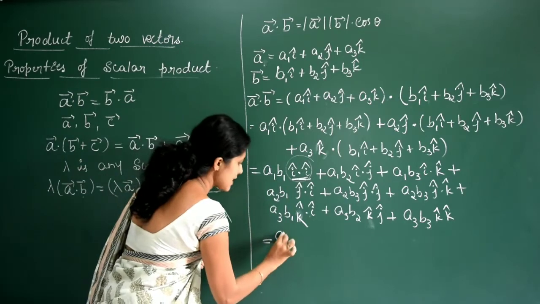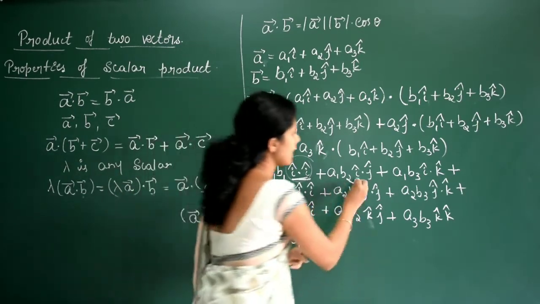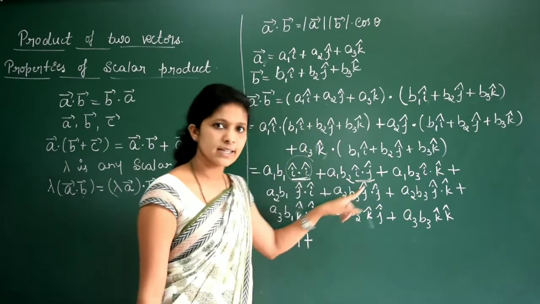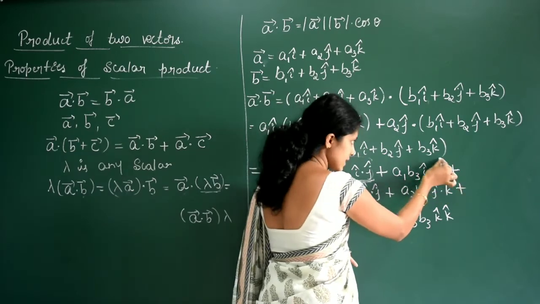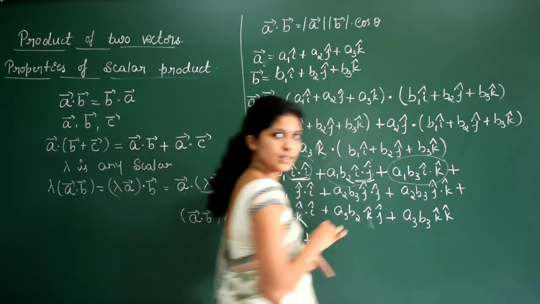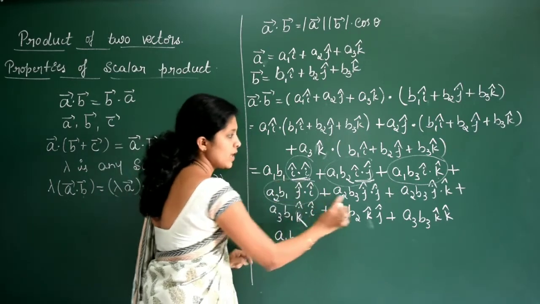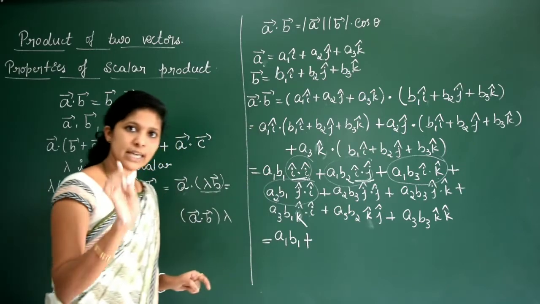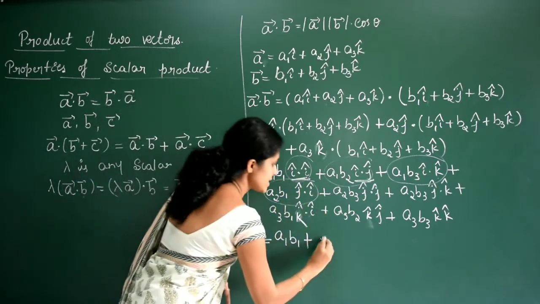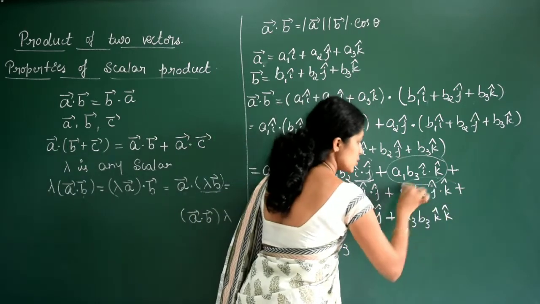So I can write this as A1 B1 plus, see i and j are different unit vectors, so this will be equal to 0. Then i and k, so this is also equal to 0. Next it is j and i, so again this is equal to 0. Now here A2 and B2, j cap dot j cap will be equal to 1, so that is A2 B2. Now here j and k, so it will be 0.